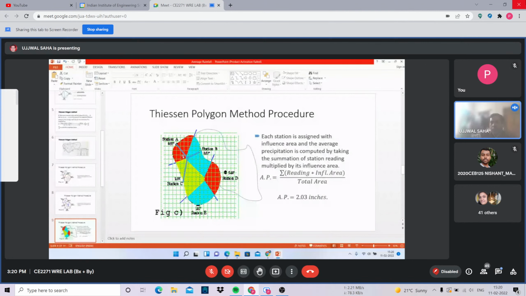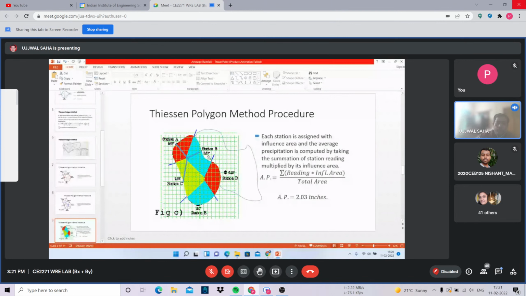Rain does not occur in the way that within this area I will fall this, within that area I will fall that. That means the rainfall is not distributed in a perfectly distance-based manner. It can be distributed any way.